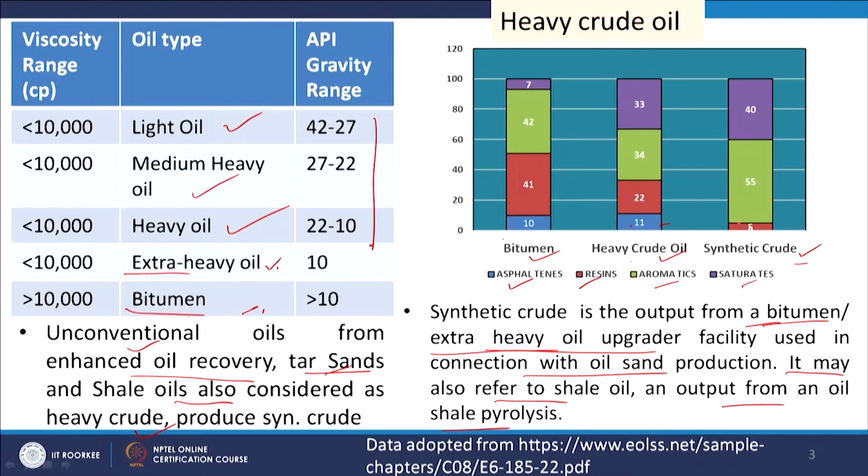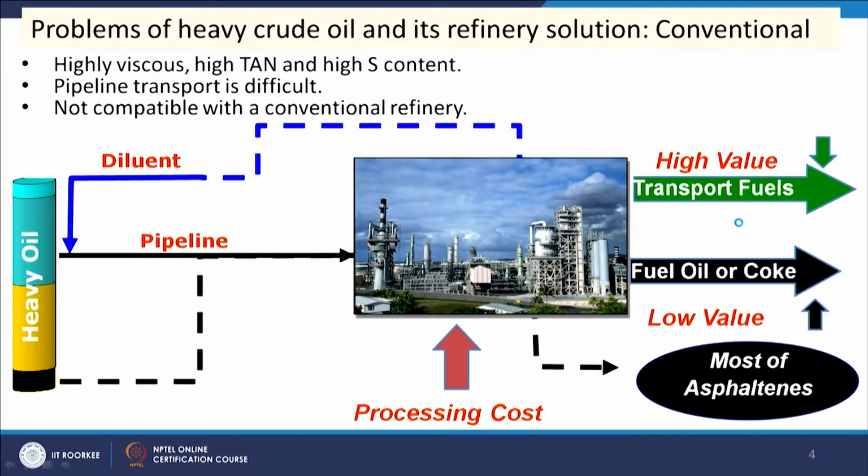So, there are a number of methods, and how will we refine this heavy crude? We are talking about the heavy crude, then conventionally the heavy crude is transported to the refinery. The heavy crude is diluted with the addition of some diluent, so diluent addition gives viscosity reduction.